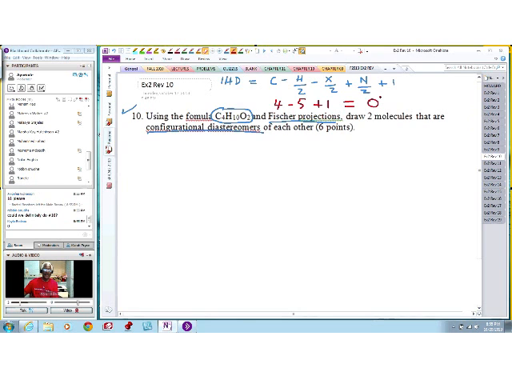Okay, now that we know that, let us do what they tell us to do. Write two molecules that are configurational diastereomers. In other words, you must write two molecules that have at least 2 chirality carbons. And you only have 4 carbon atoms here.